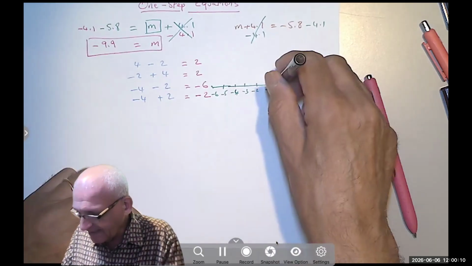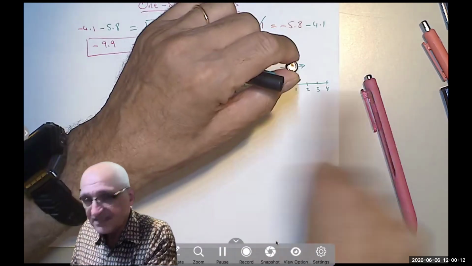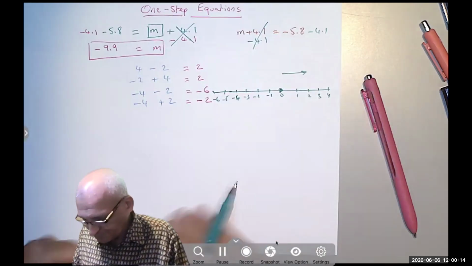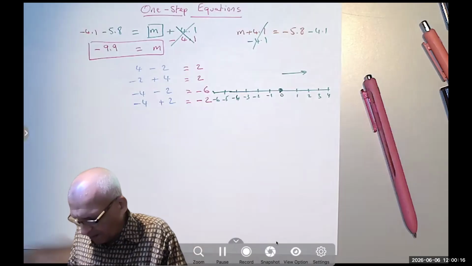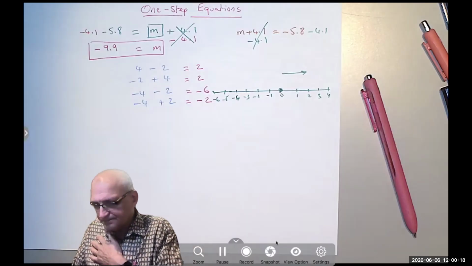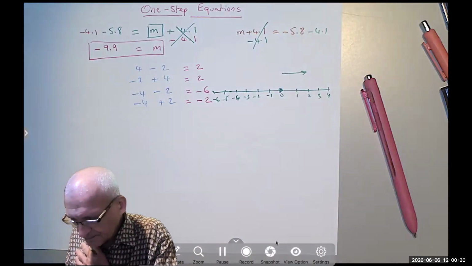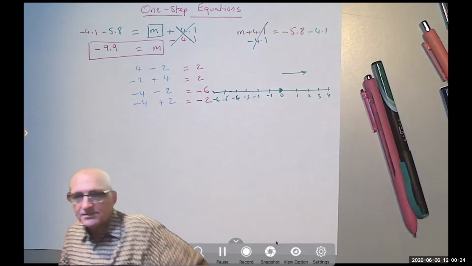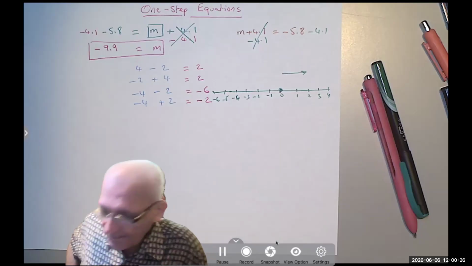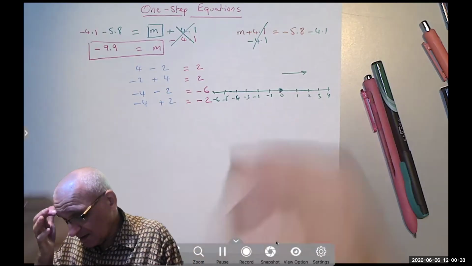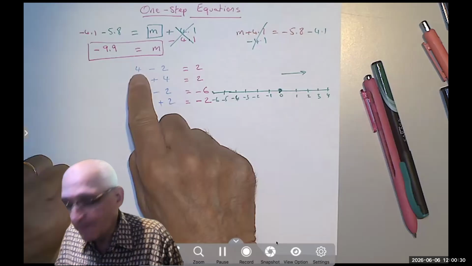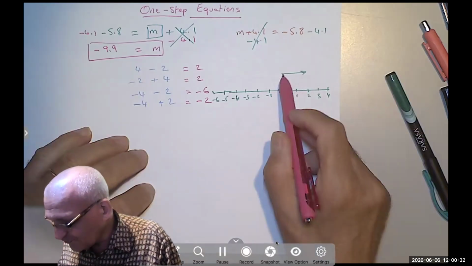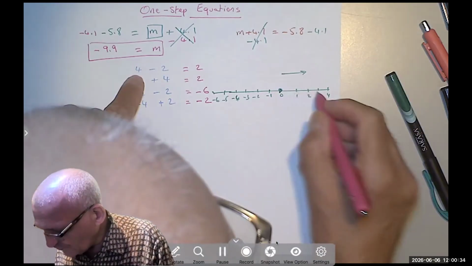So I am standing up here facing the positive. If it tells me 4, I'm going to move forward 4 units. So I go to 4.